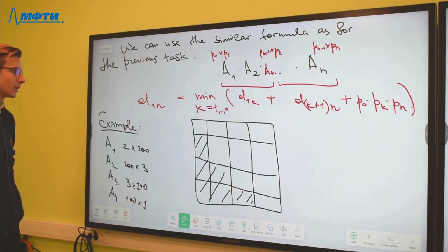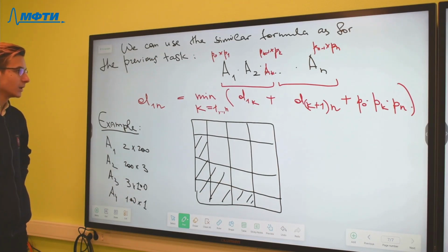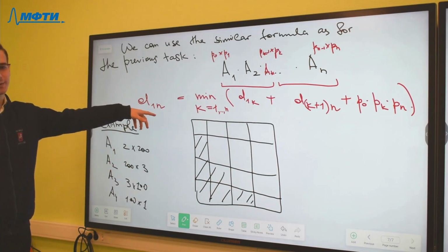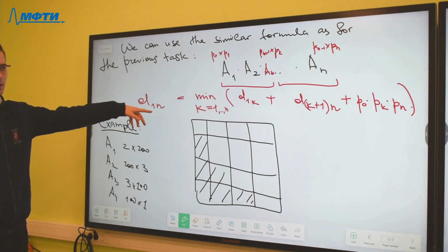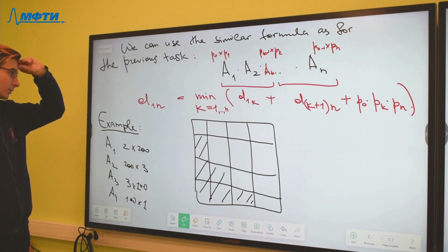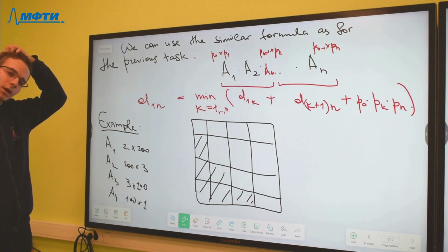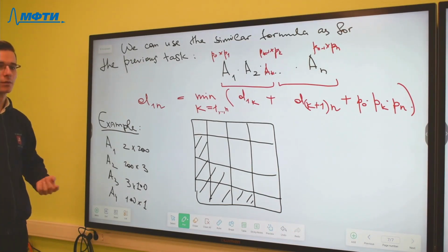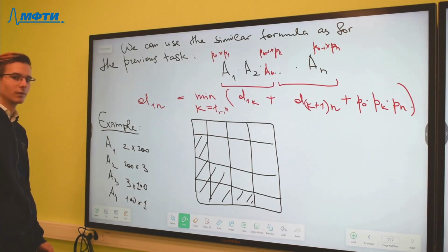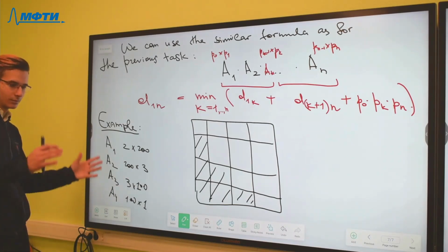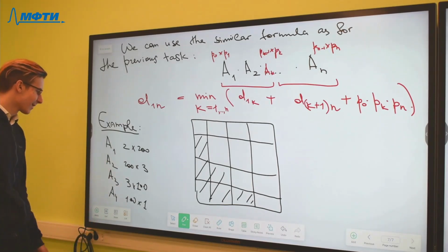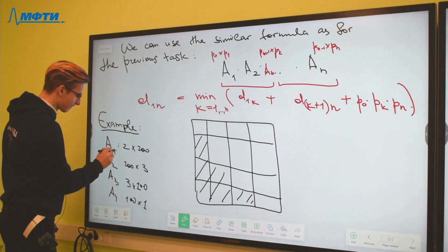And for example, if we have D with the same indices, i and i, how much time do we spend for computation if we have only one matrix? Multiplication.